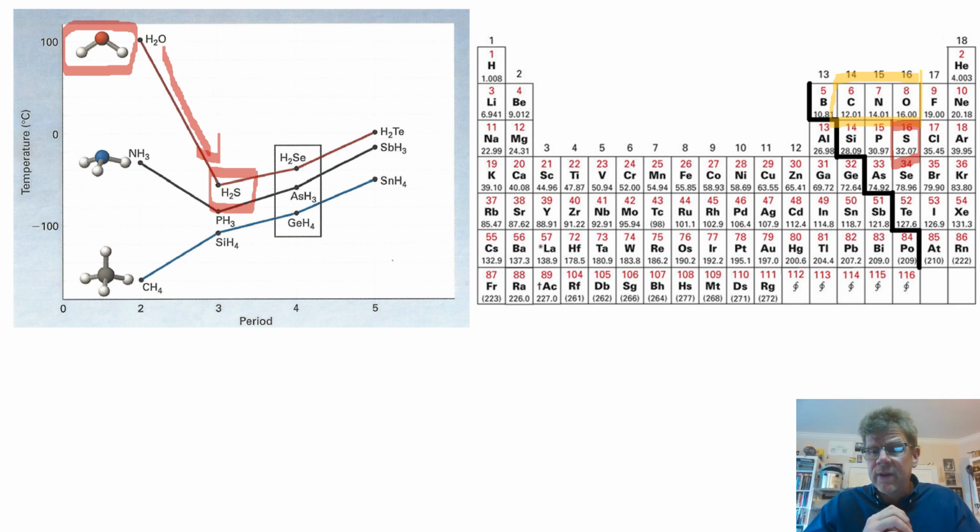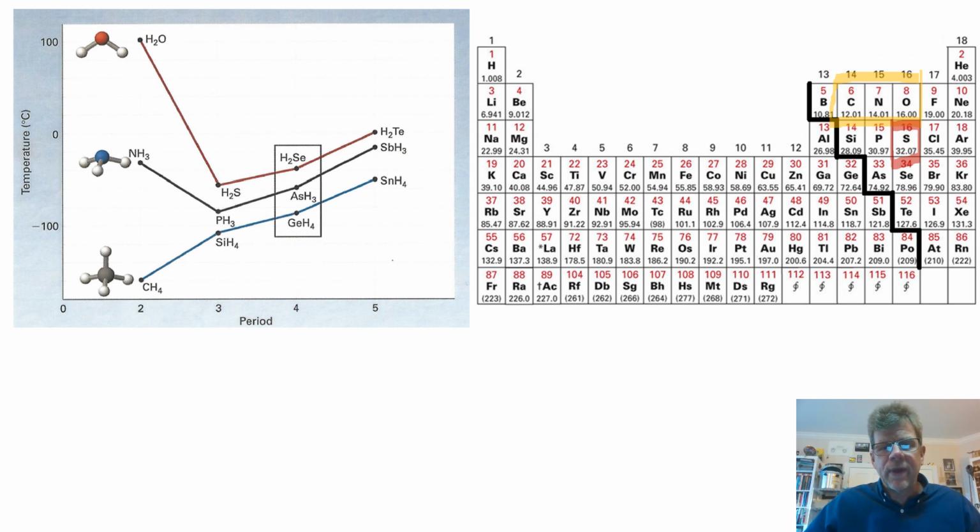A testament to the strength of hydrogen bonding. Water, being much lighter than H2S, has a much higher boiling point. Why? All to do with the fact that water, H2O, can hydrogen bond and H2S cannot.